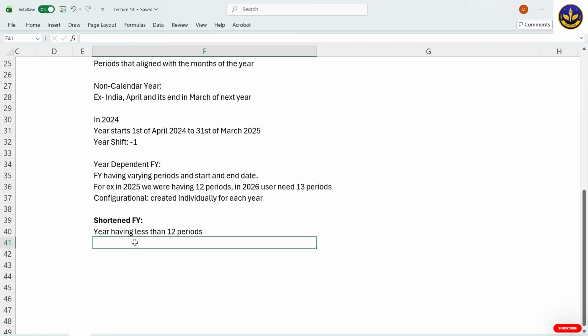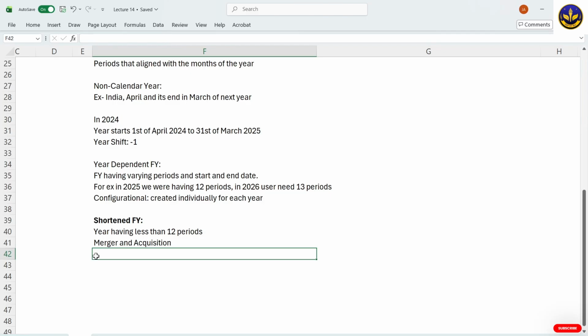So the major example which is applicable in this scenario is merger and acquisition. Let's suppose you have an entity, and you acquire another entity in the middle of the year, and they were following the calendar year.